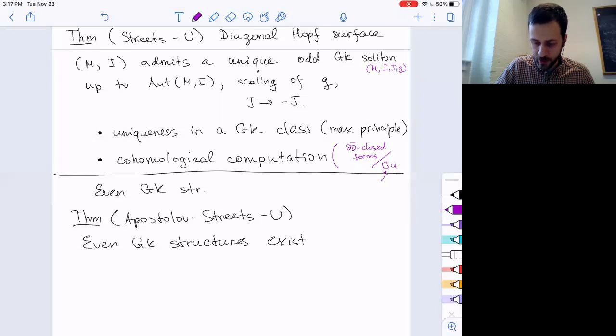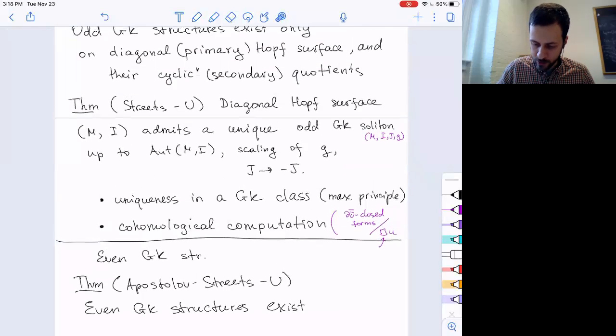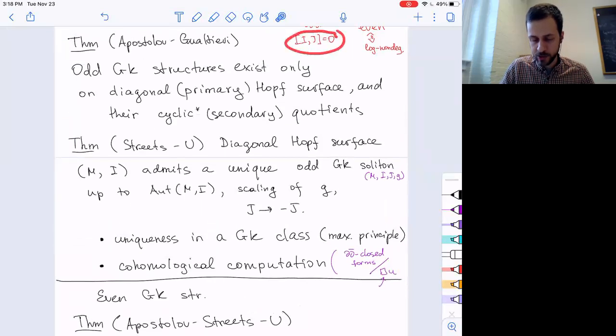In the commuting case, your tangent bundle splits into two holomorphic sub-bundles, one where I equals J, and another where I equals negative J. And you can cook up this mixed Laplace operator, not Laplace, sorry, mixed complex Hessian. So this is the cohomology space I am talking about.